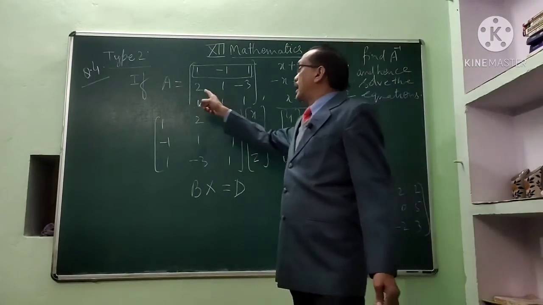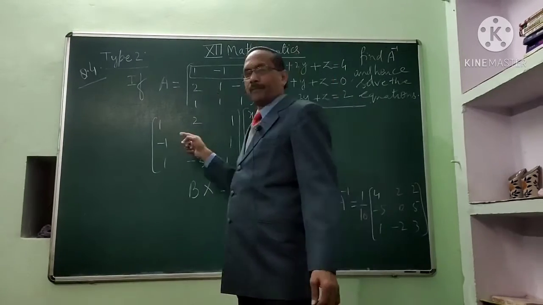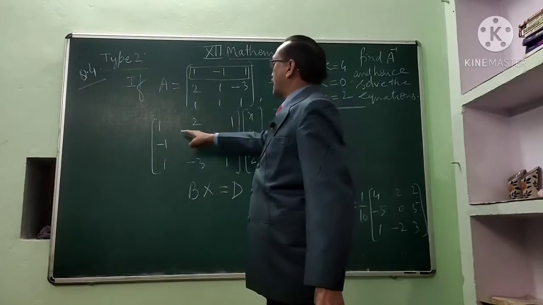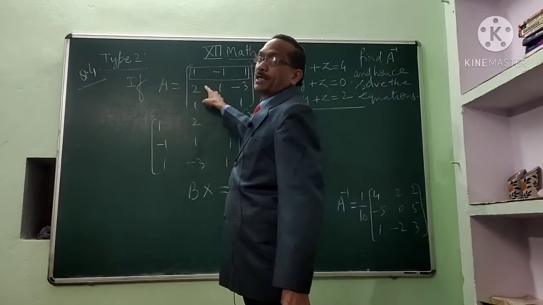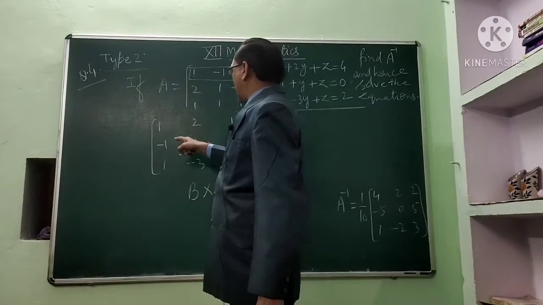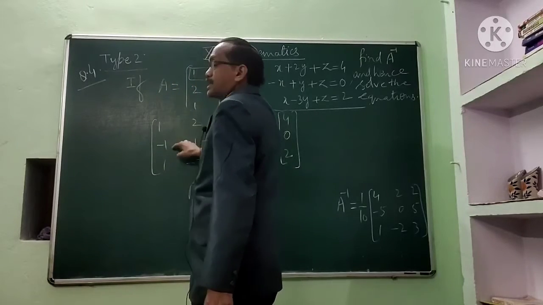Now, the coefficient matrix is not matched with the elements of the A matrix. So, if we take the transpose of this matrix, then they are similar.